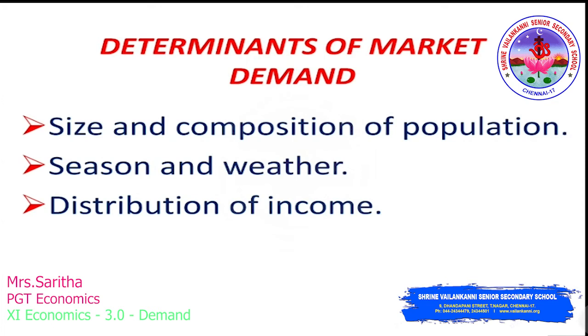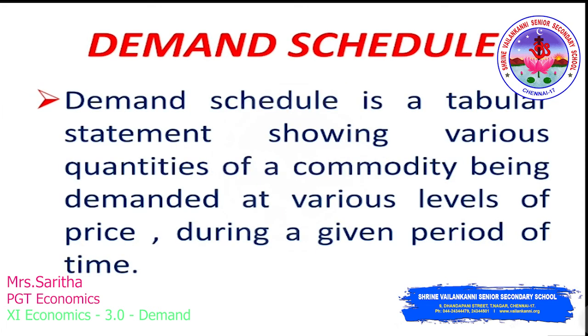Now let's move on to the other one, demand schedule. Demand schedule is a tabular statement showing various quantities of a commodity being demanded at various levels of price during a given period of time.